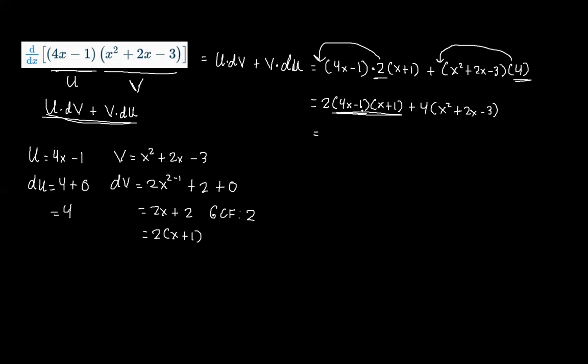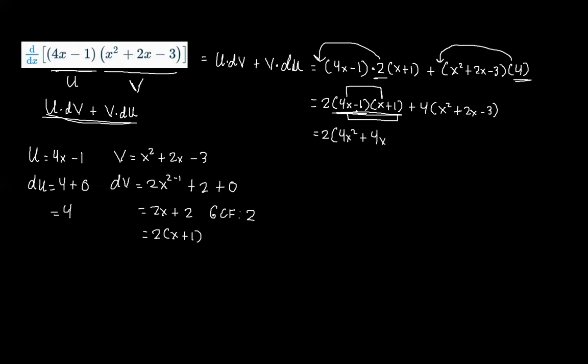So we're going to apply the FOIL method. First terms, we're going to multiply them: 4x times x will give you 4x squared. Next, for the outer terms, we're going to multiply 4x and 1. So this would be just 4x.